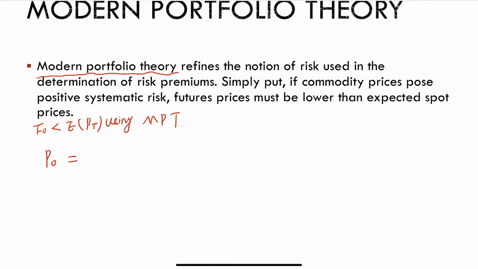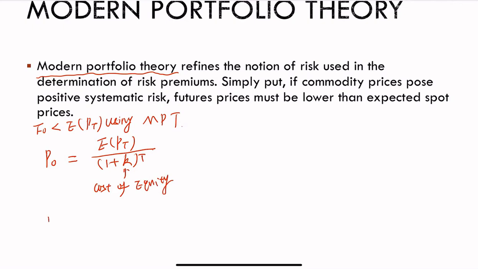Now, how do you get this P0? Well, one way to get this P0 is we could discount its future price by some discount factor, right? So let's say this K is the cost of equity, right? So this is basically simple discount theory.